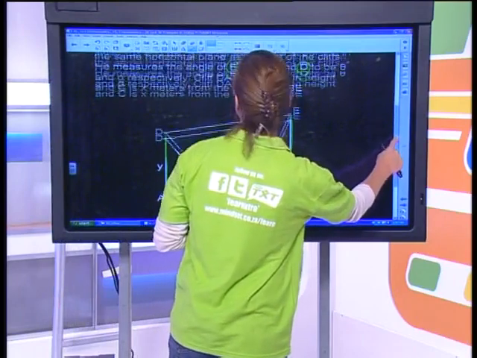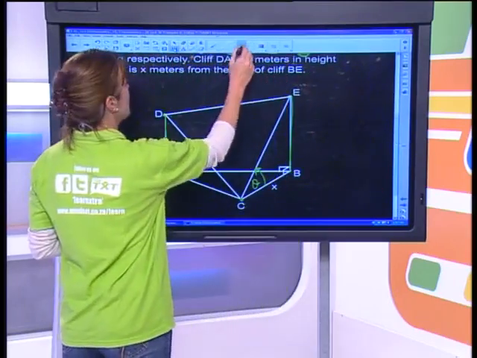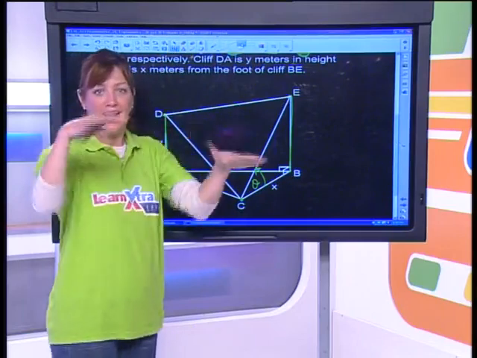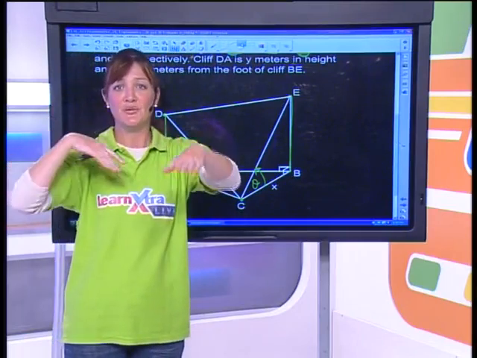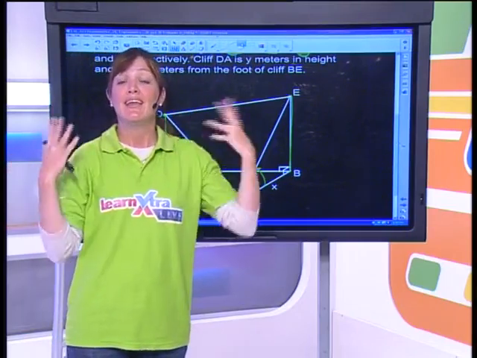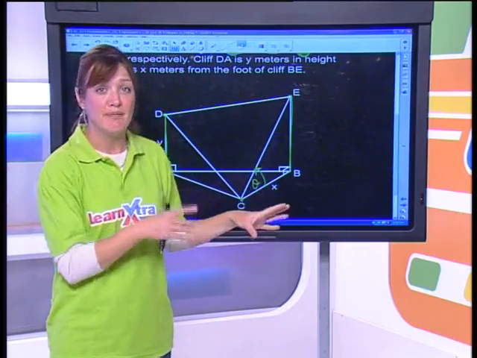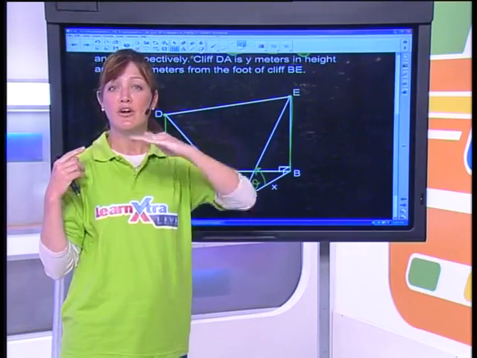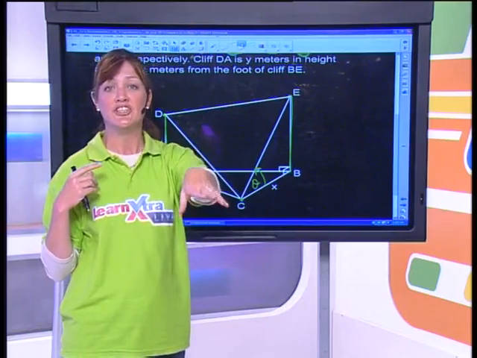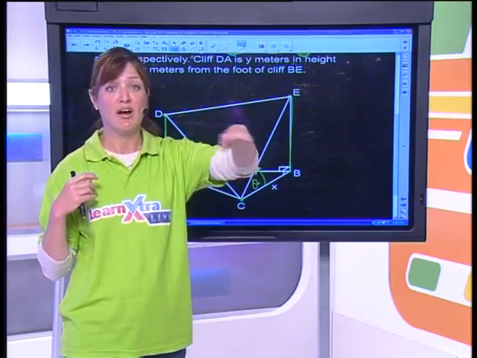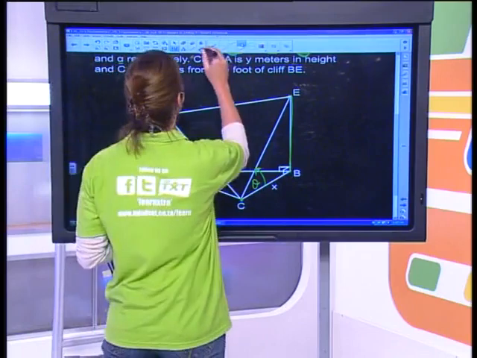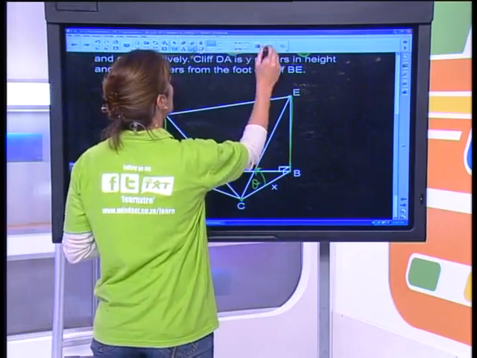They said alpha here. The question is, where am I going from? Where is the baseline from which we're actually measuring that alpha? The question hasn't filled it in here, but you need to know that if you're ever looking at an angle of elevation, it's always got to be from a horizontal plane, which means you're going to have to draw in your own line.